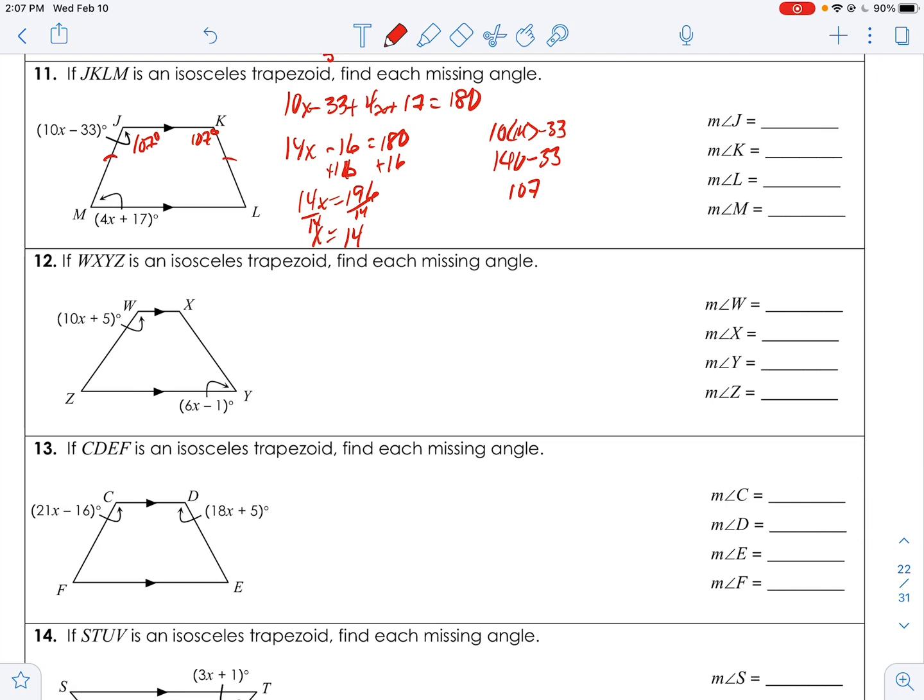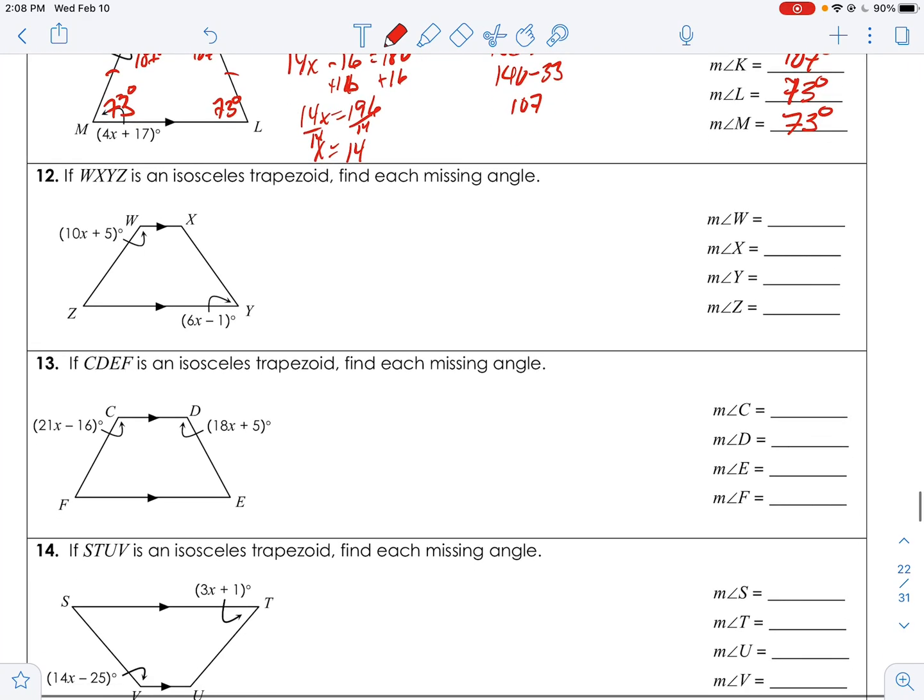And to get to 180, 3 goes to 110, and then 70 more, so 73. So J, K, 107, 107, 73, 73.